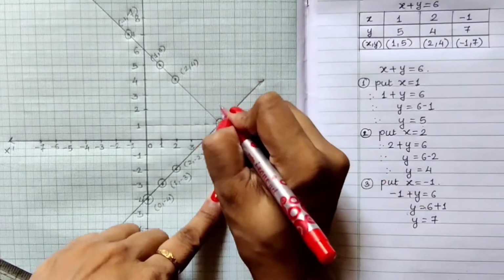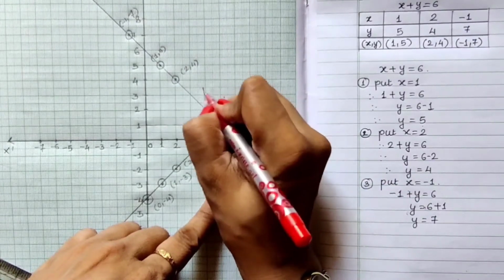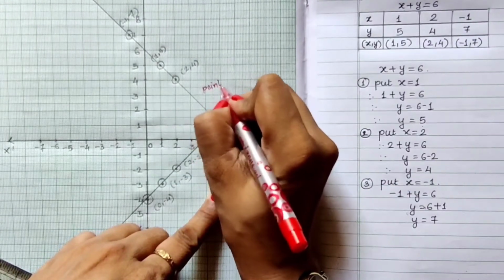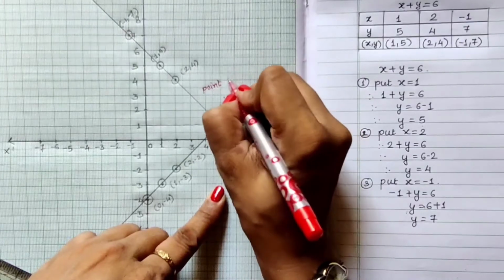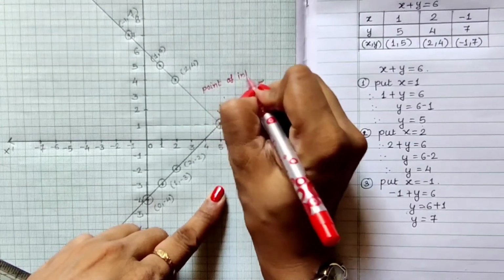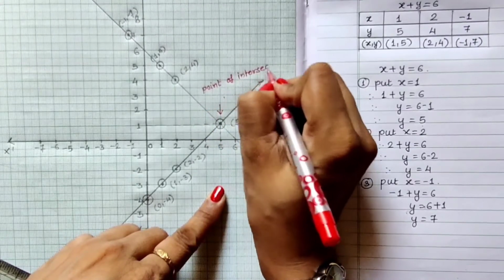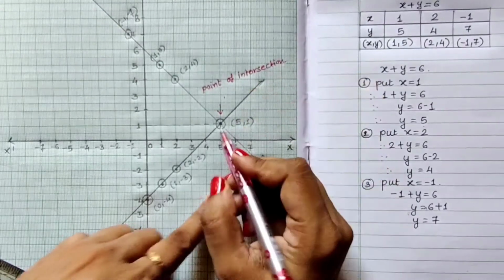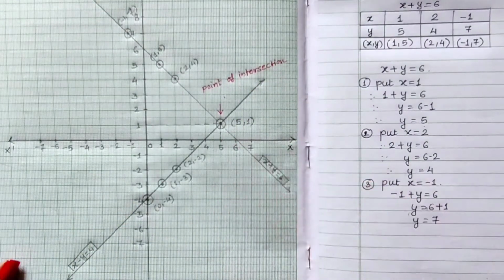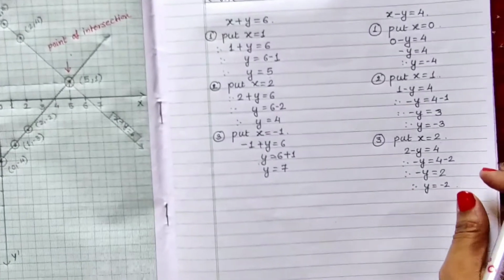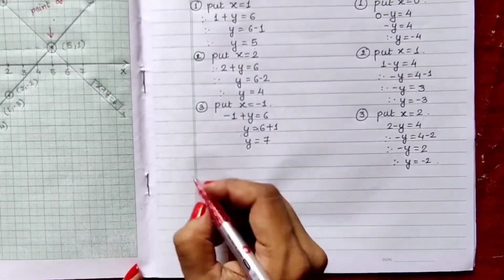So this is the point of intersection. You should not use a red pen, okay? I am using it for the point of intersection so you all can see it clearly. This is the point of intersection (5, 1). That means here we can write the answer.